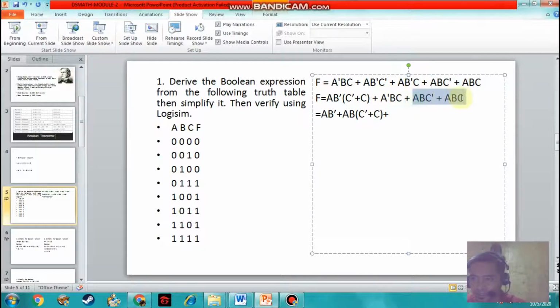Ito yung pinagsama natin eh. So, ito muna. So, ano to? 1, di ba? Kamukha nung kanina. 1. Yan. AB prime dahil 1 na to, itong C plus C prime lang, no? Ito to. C prime plus C. So, kung 1 to times AB, AB na lang. Plus AB.